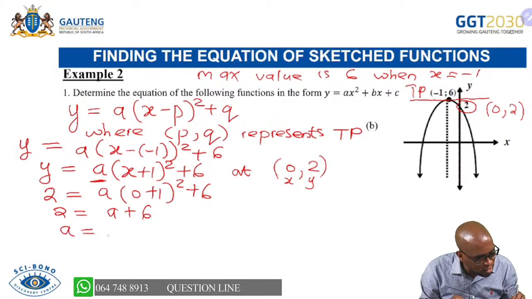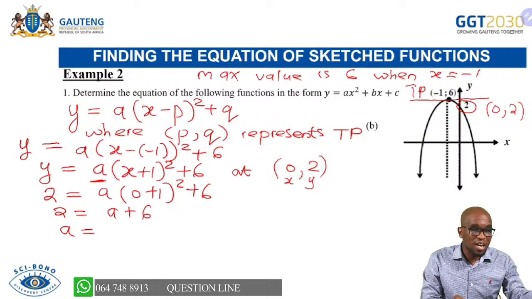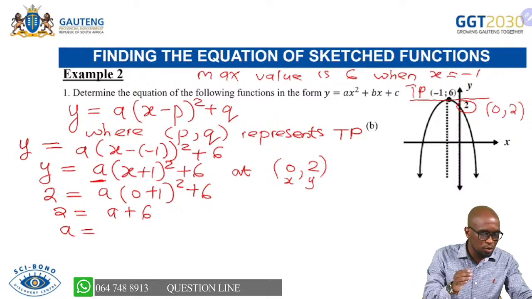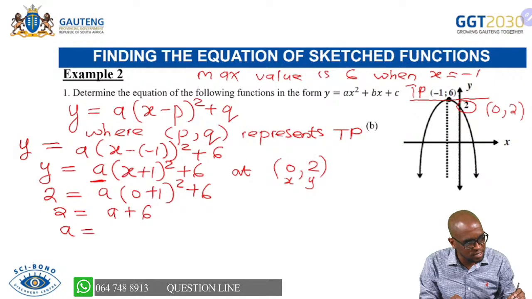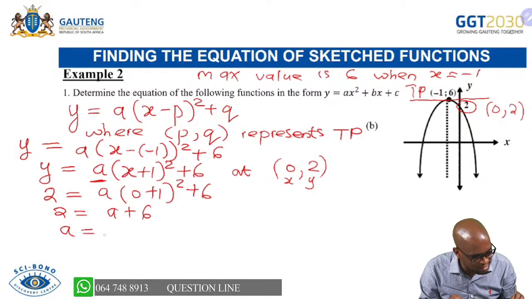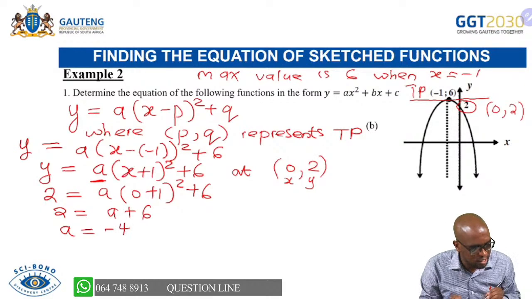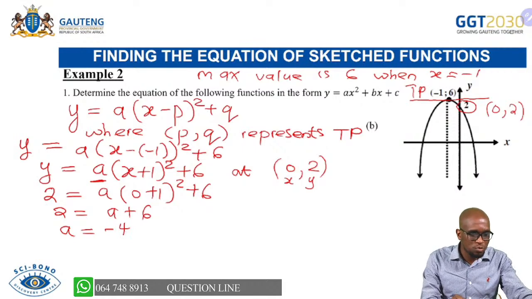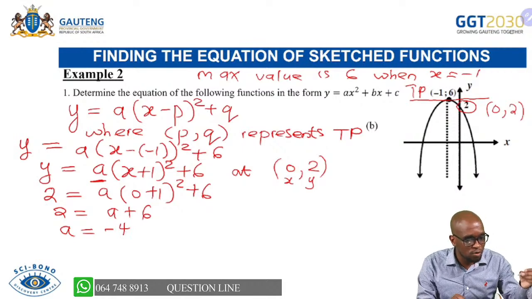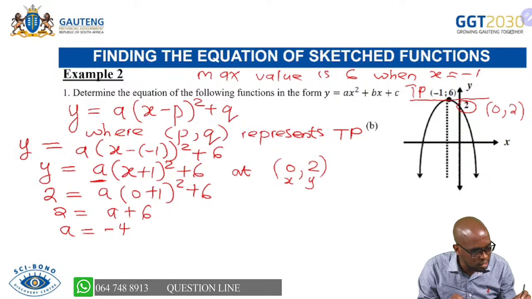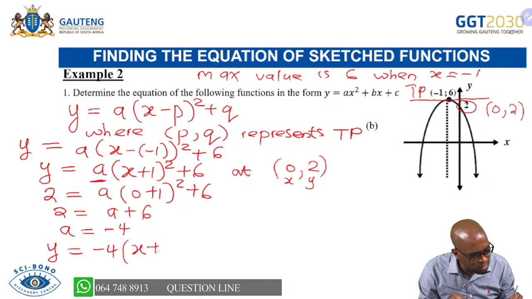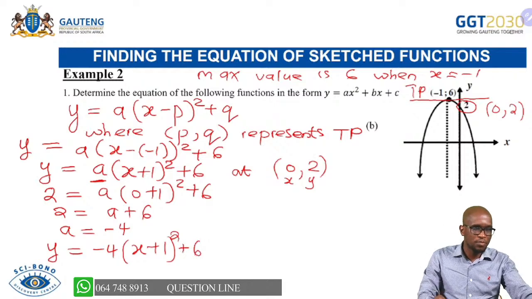Solving for a, we have 2 on the left hand side, and we transpose the 6 to the left hand side, to get 2 minus 6, which equals -4. Now that we have the value of a, we can go back and substitute it in our equation. So y would be equal to -4 into x plus 1 all squared plus 6.